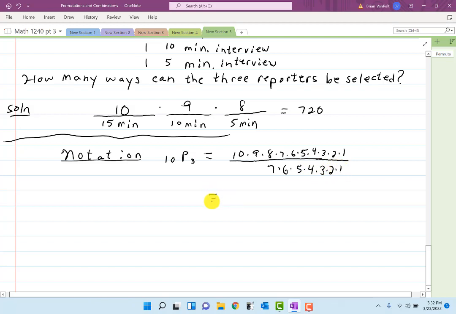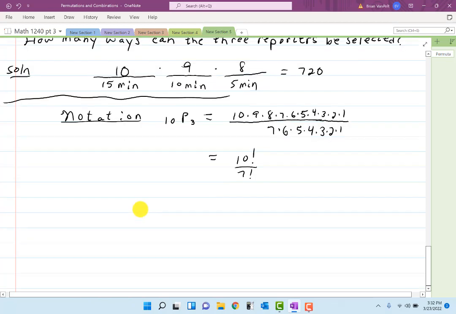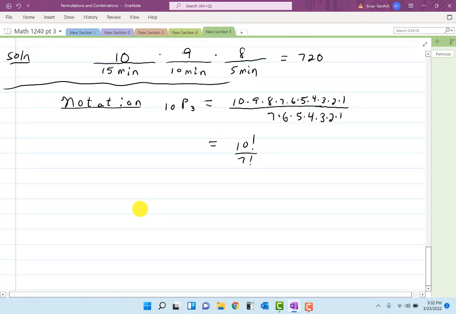But the reason I'm writing it like that is because the top now becomes 10 factorial and the bottom becomes 7 factorial. And I can actually do one more cute little thing, and it looks like this. The top, I still want it to be 10 factorial, but the denominator, instead of 7, I like to write it as 10 minus 3. Now let me put the symbol here.